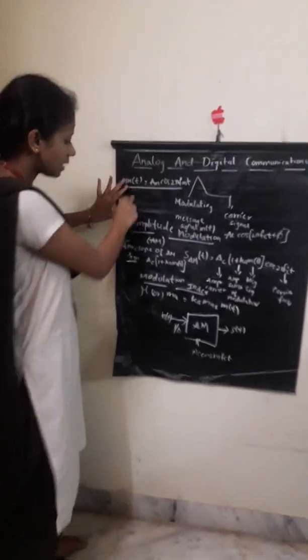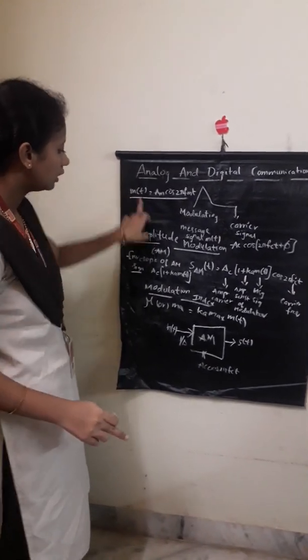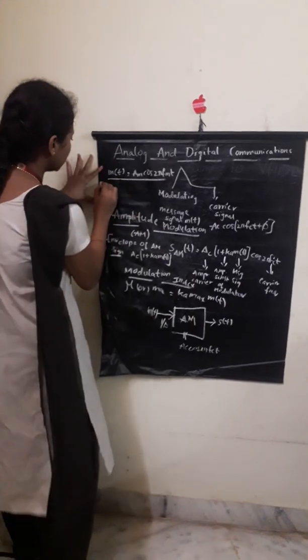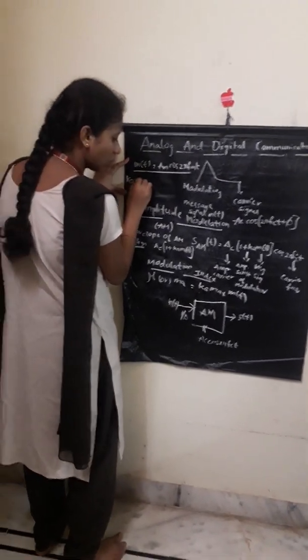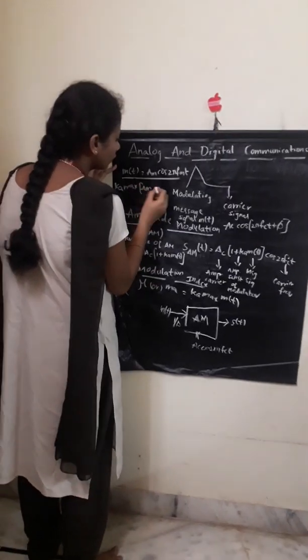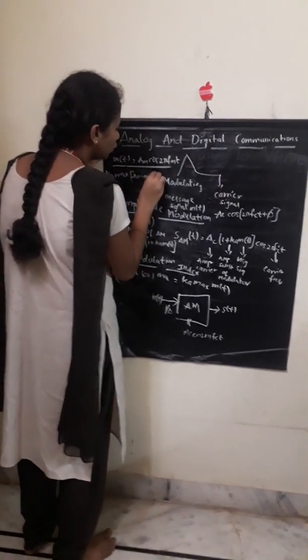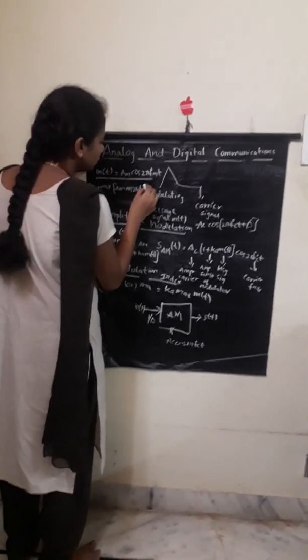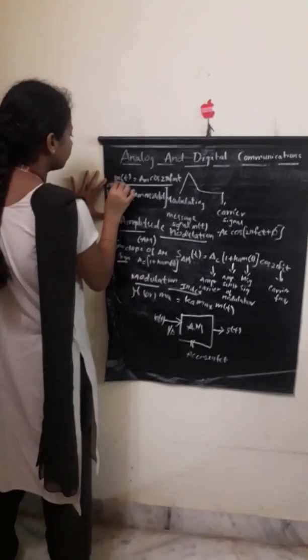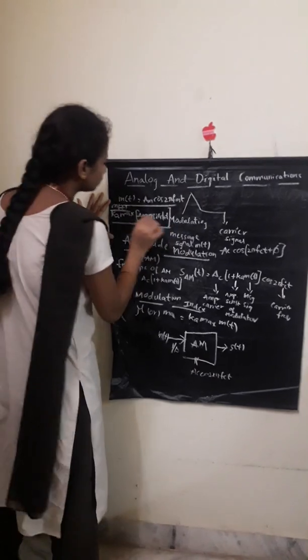Now by substituting this m(t) in the modulation index, we will get Ka into max of Am cos 2π fm t. We will get this equation for the modulation index.